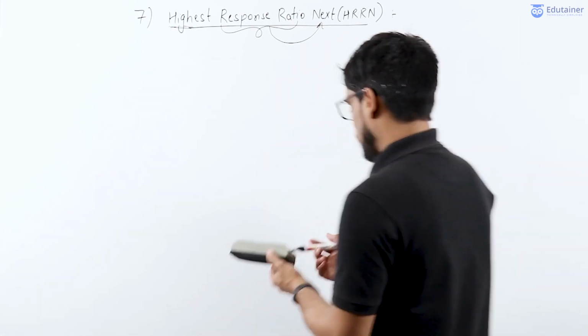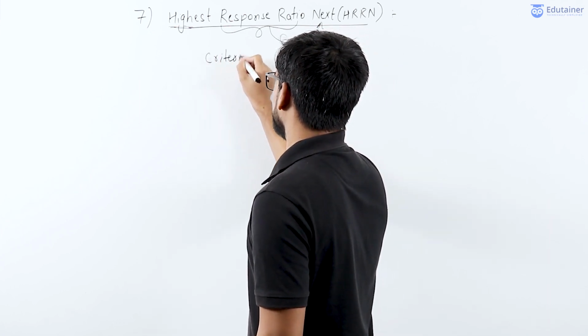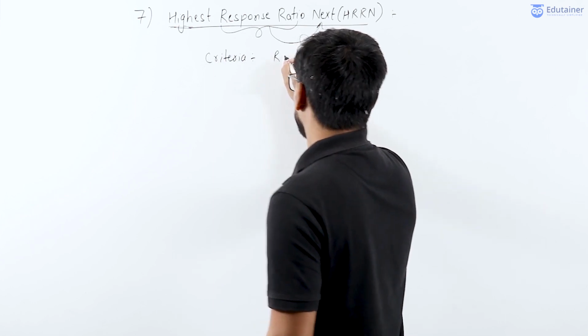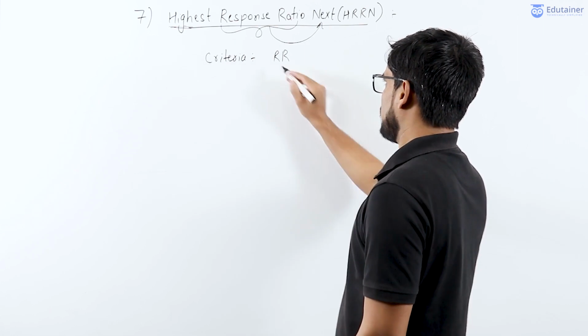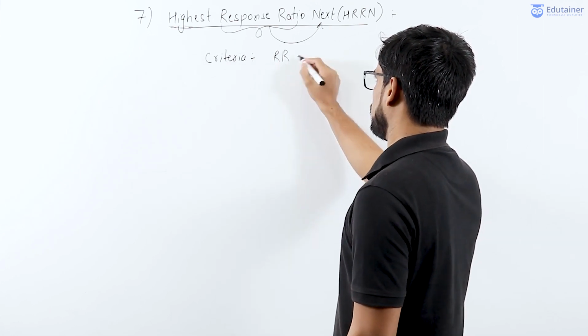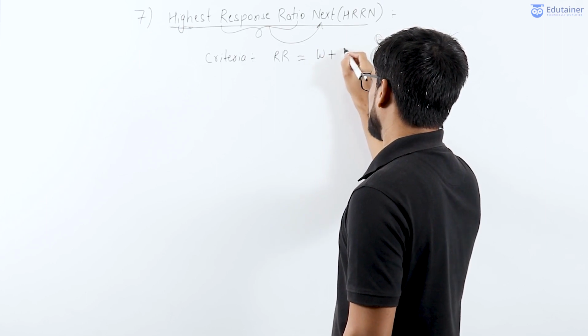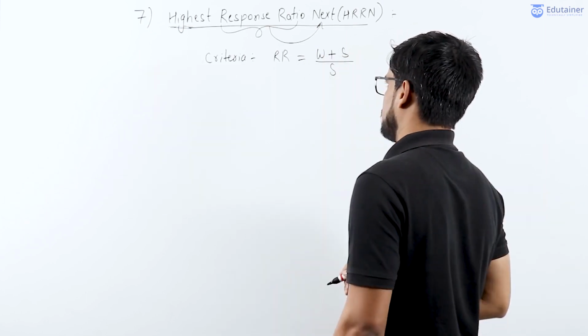So here the criterion is response ratio, which I will abbreviate as RR. The response ratio formula is (waiting time plus burst time or service time) divided by service time.